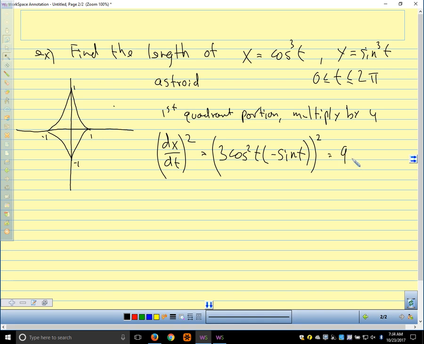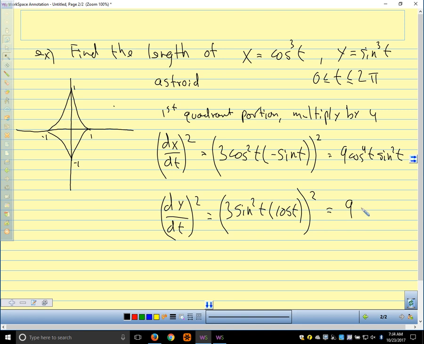So we get 9 cosine to the 4th t sine squared t. dy/dt squared is 3 sine squared t times cosine t, squared. 9 sine to the 4th t cosine squared t.